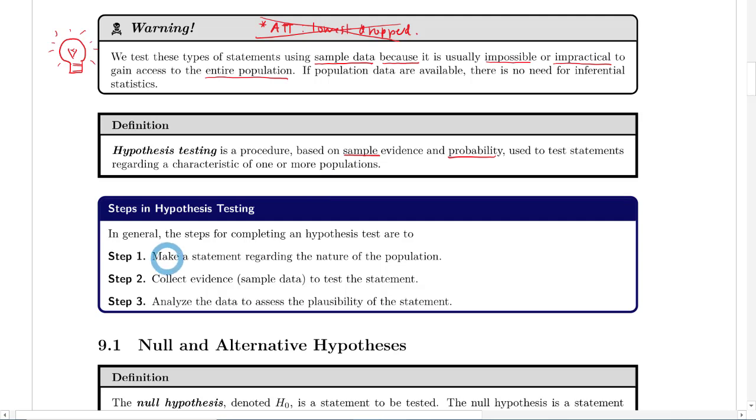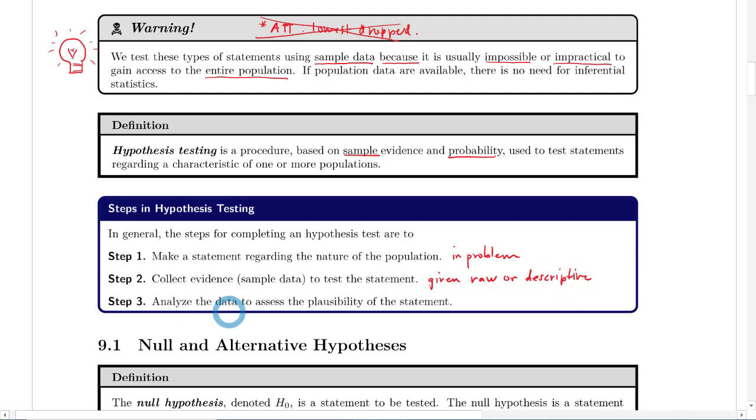And there are 3 steps. We're going to make a statement, just like we saw in the previous examples. Then collecting the evidence, and then we analyze. The claim is in the problem. Collecting the evidence should be given as raw data or descriptive statistics.